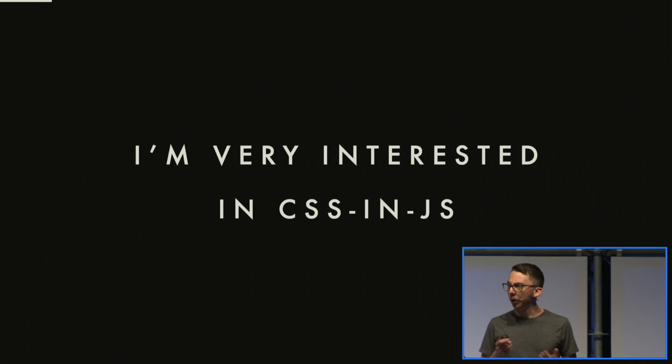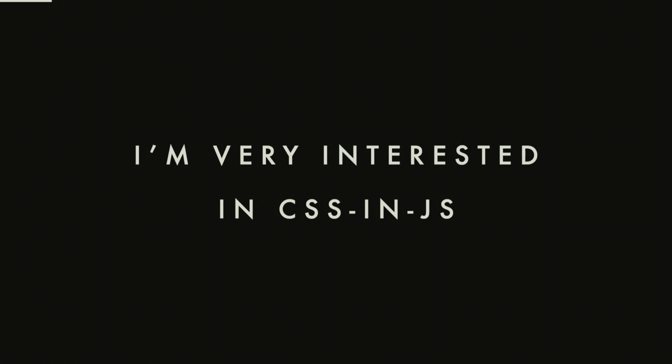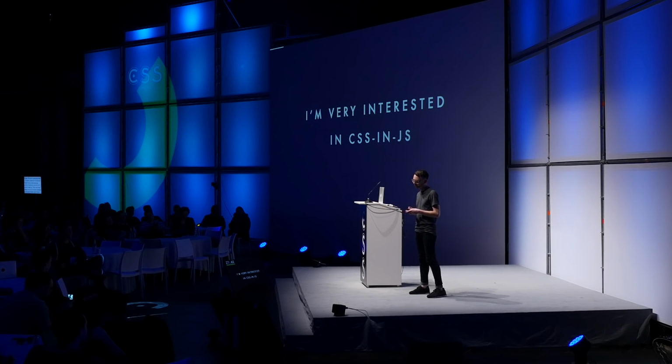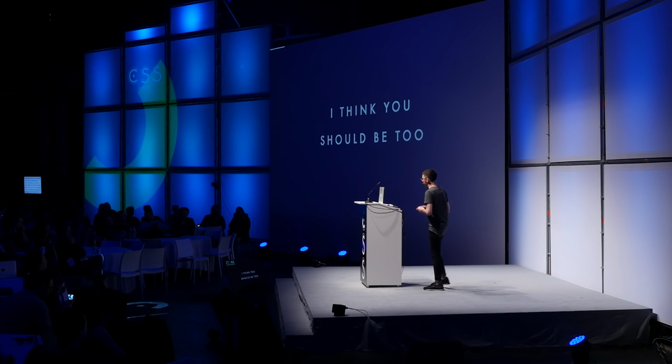So I'm very interested in CSS-in-JS. Again, even though I'm not using it in my own work, I'm keeping a close eye on it. And I think you should be too. That's the important point. And I think that's why I'm here today. But why? Why are people doing this, and why should you be interested as well? There's 5 key reasons I want to cover today.